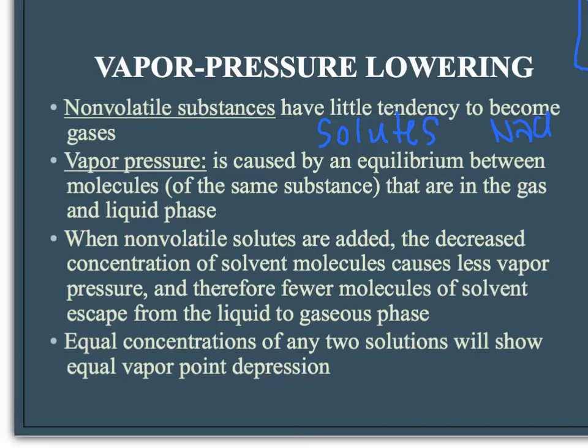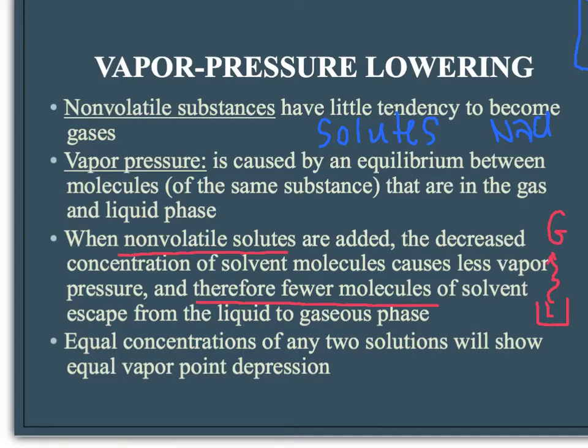And what happens to vapor pressure when you add a non-volatile solute to a liquid, it causes there to be decreased collisions between the solvent molecules themselves, because now there are solute particles dissolved and kind of getting in the way of solvent-solvent interactions, and therefore fewer molecules of solvent are able to escape from liquid to the gas phase.